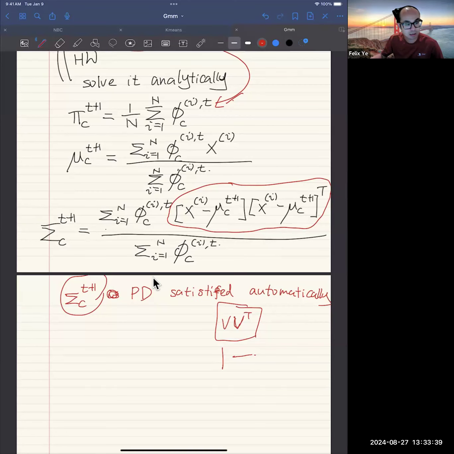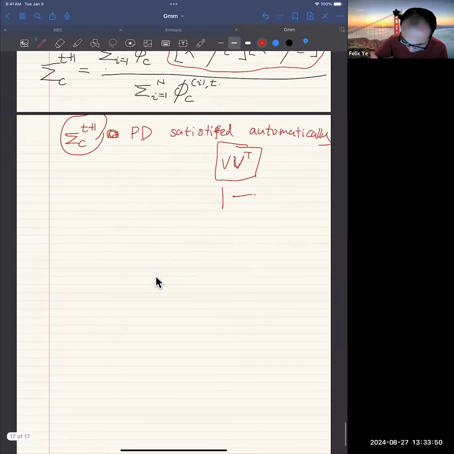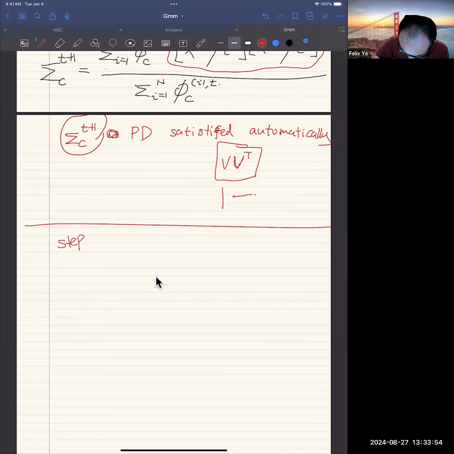All right, we have studied this for quite long, but let's summarize everything here. Step 0: initialize pi c 0, mu c 0, and sigma c 0.